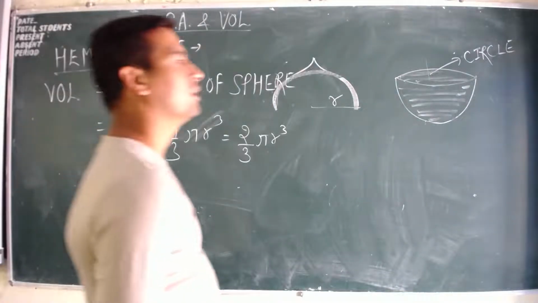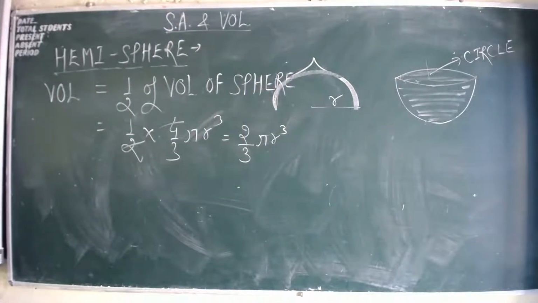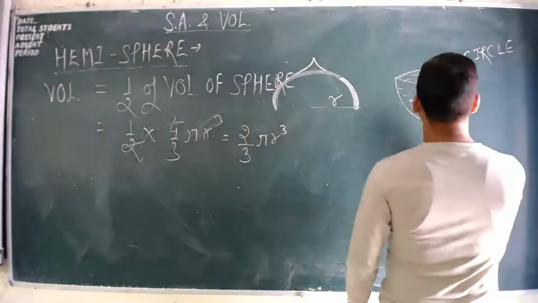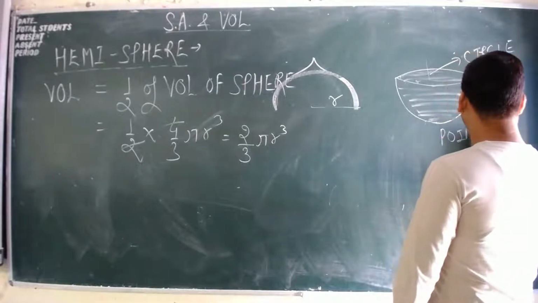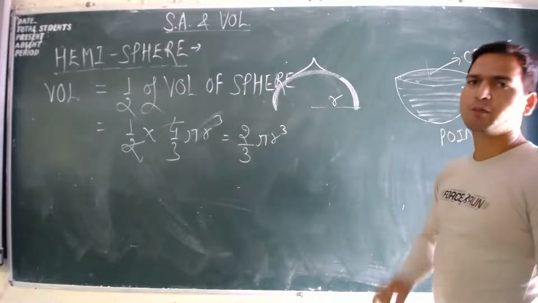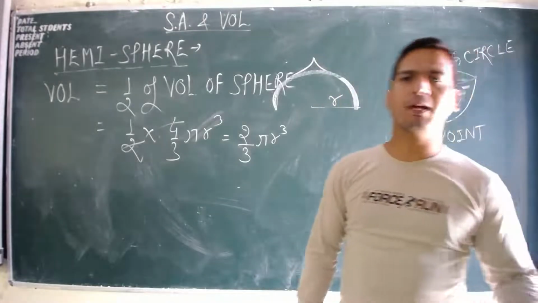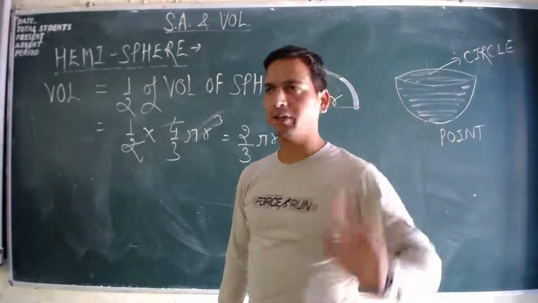Yes, Raj Singh. Ravish Kumar has replied point, correct. The lowest part of the hemisphere is a point. It means the bottom does not have any area. So here we have the upper part at least.